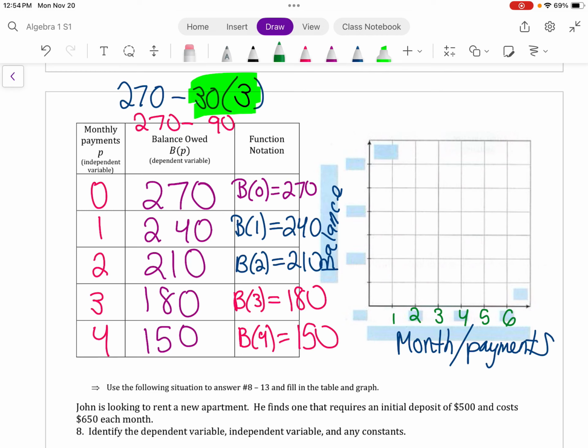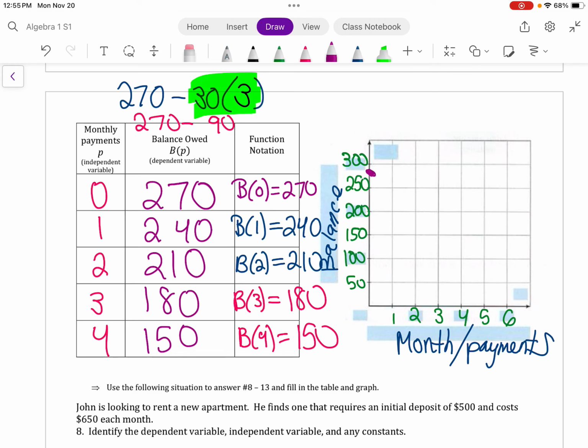And then the side, it's going to be kind of tricky. We might have to go by like 50s. So 50, 100, 150, 200, 250, 300, and there we go.